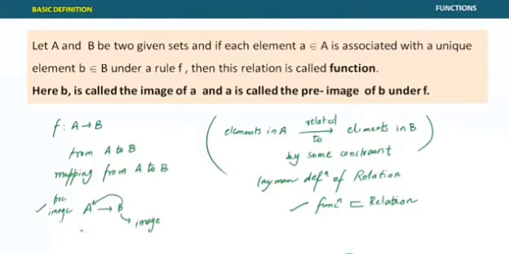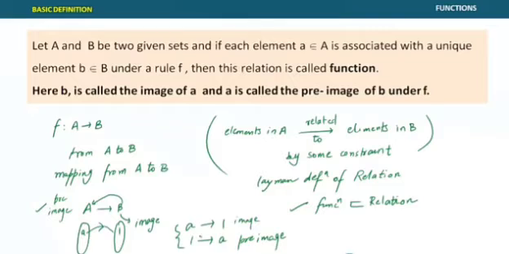For example, if there is a set which contains a, and a number 1, and you are mapping a to give 1 as the answer, I will say image of a is 1, or pre-image of 1 is a. In this case you call it image, in this case pre-image, right?